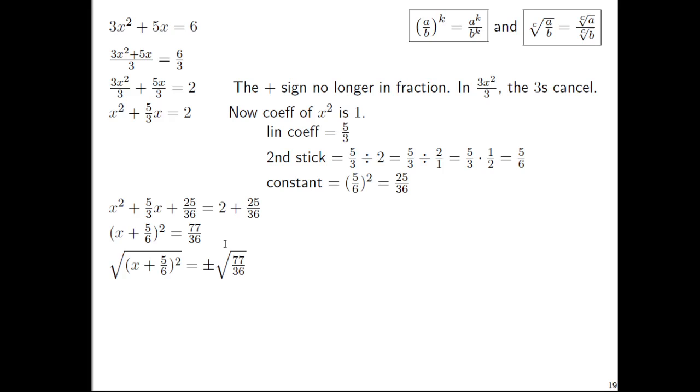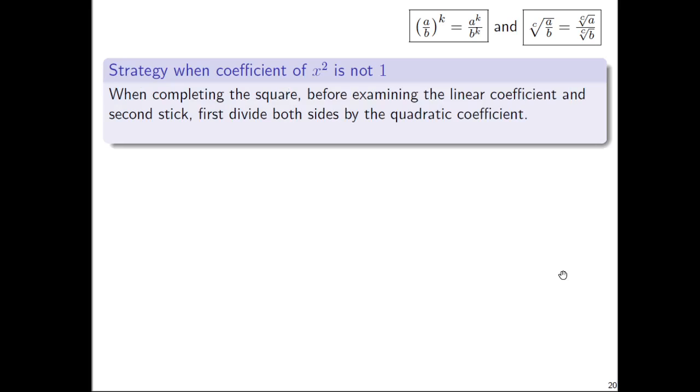Then when you square root both sides, you'll have x plus 5/6 is equal to plus or minus, and then the radical with the fraction inside, using the formula highlighted in red in the upper right, becomes root 77 over root 36. You can simplify the root 36 as just a plain 6. Then one last thing to solve for x, we just need to subtract 5/6 on both sides, and I just combine this all into one fraction since they had a common denominator.